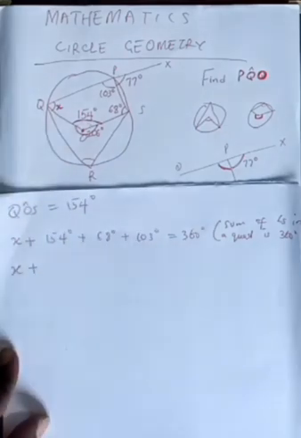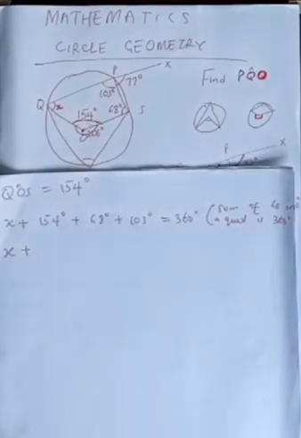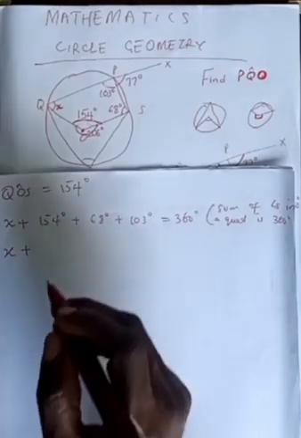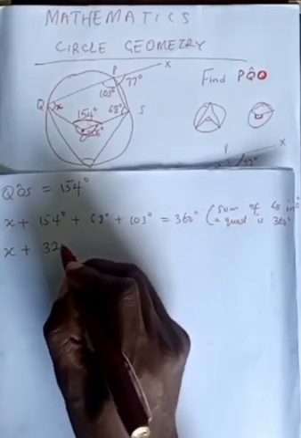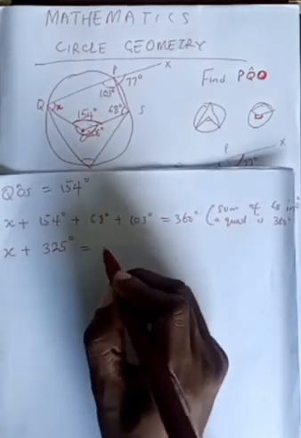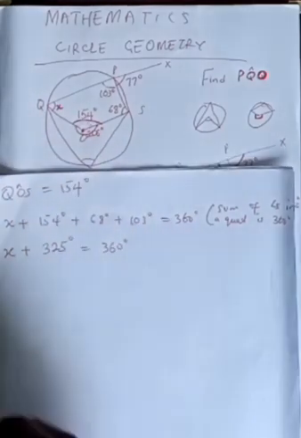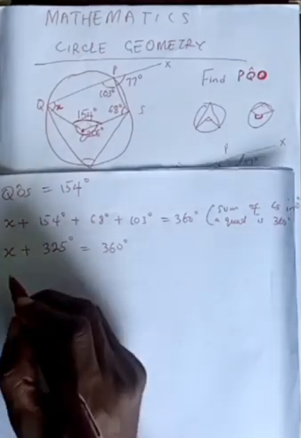That becomes X plus 154 plus 68 plus 103, which gives 325 degrees, and that is equal to 360 degrees. So to get X, I collect like terms.